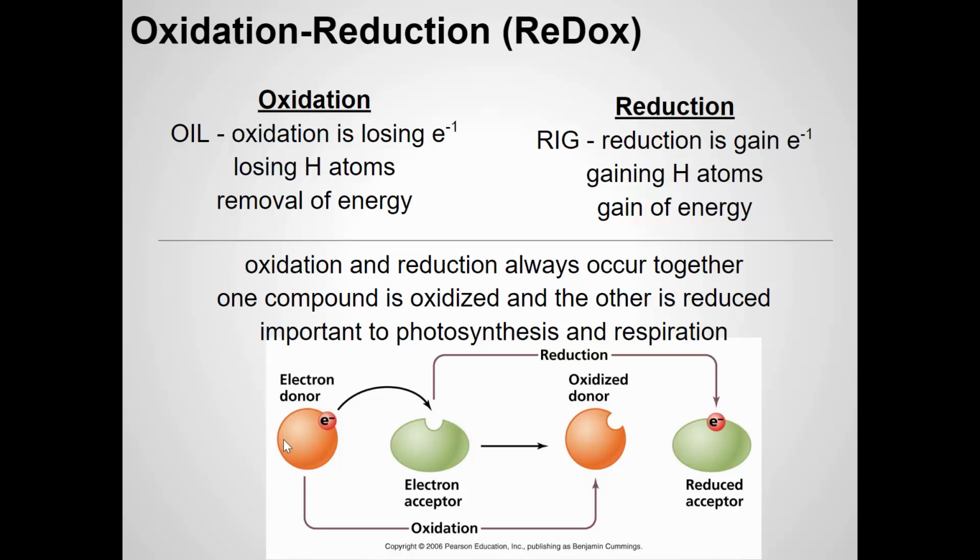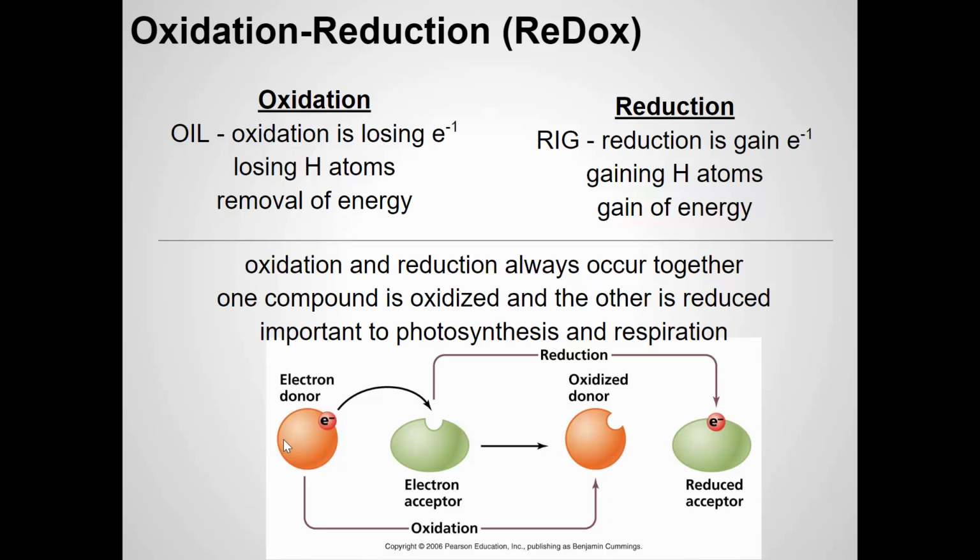Oxidation and reduction have to do with the movement of energy and electrons from one molecule to another. When a molecule loses electrons, gives up those electrons to another molecule, we say that it has been oxidized.